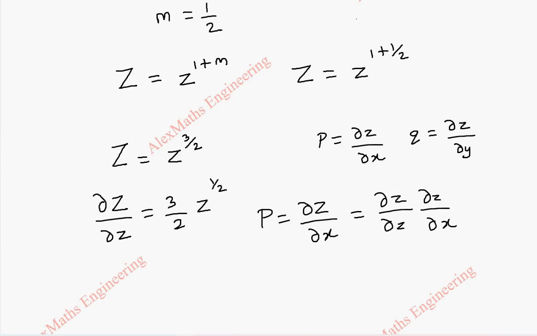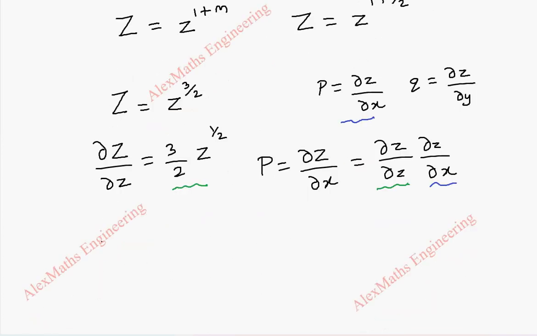From this we get dou capital Z by dou small z, and this is small p. So finally we get capital P is 3 by 2 z power half into p.